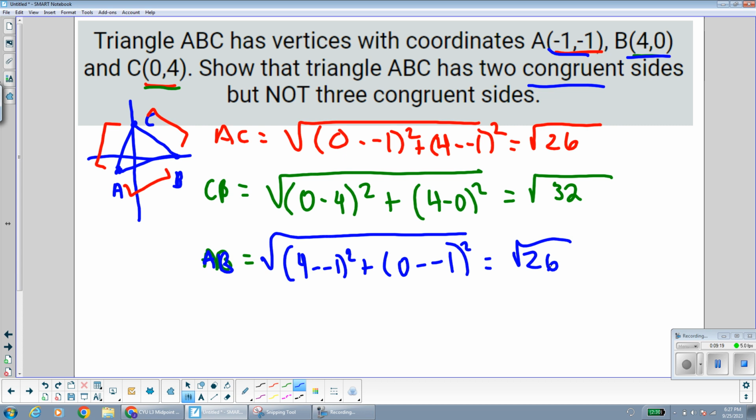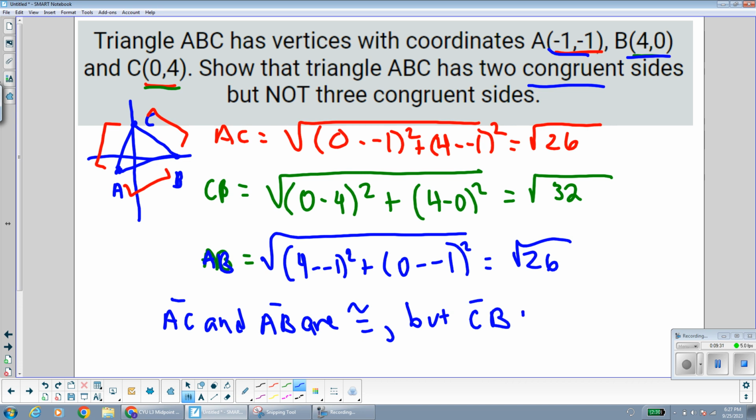So here we can see AC and AB are congruent, but CB is not. So we just showed that two sides of the triangle were congruent to each other, but the third side wasn't.